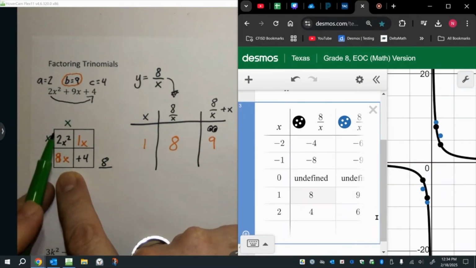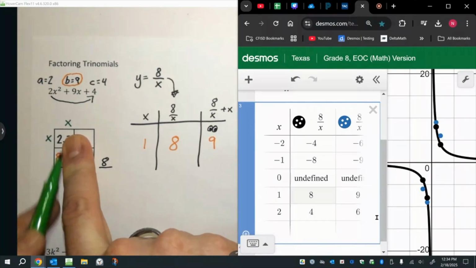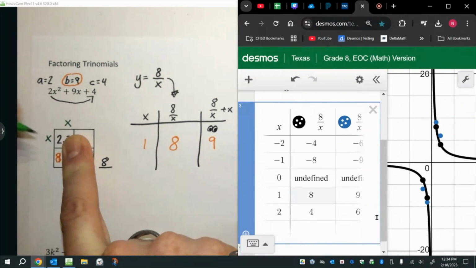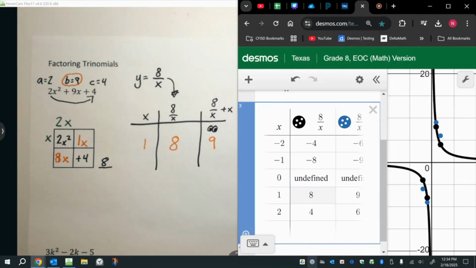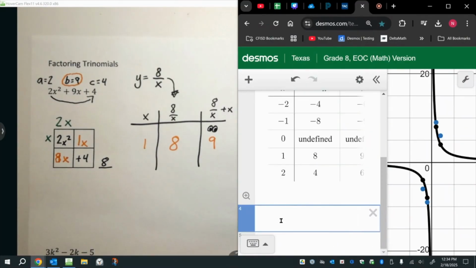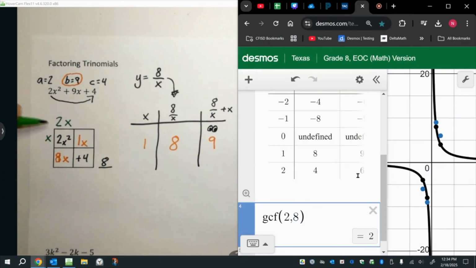If you notice, right here, these two guys, they have a GCF. And if you remember from the last couple of days, for 2 and 8, our GCF is actually going to be 2. If you're not sure, you can always go down here and type GCF, parentheses, 2 and 8, comma, always comma. So then we put a 2.